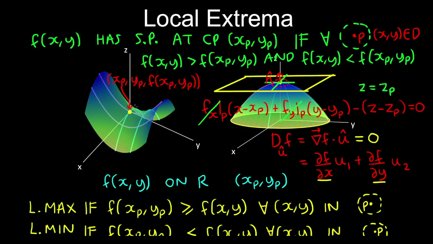So this can be seen if we draw a disk around this point, where the disk is parallel to the xy plane, so its face is normal to the z-axis.